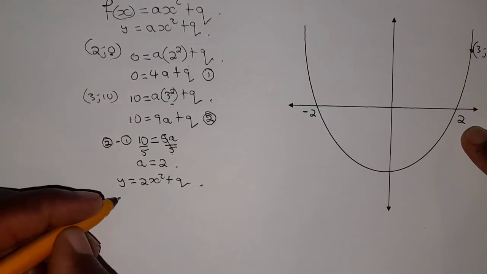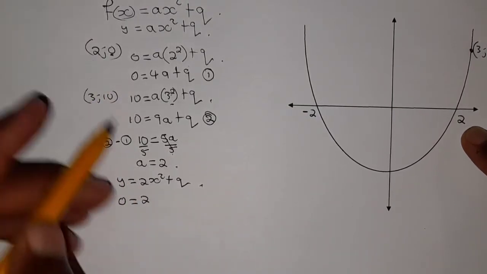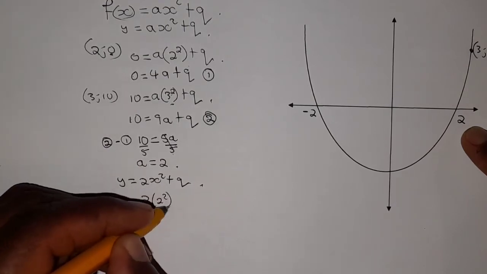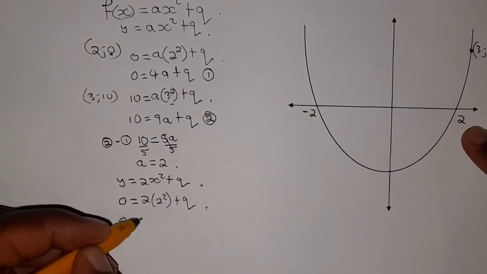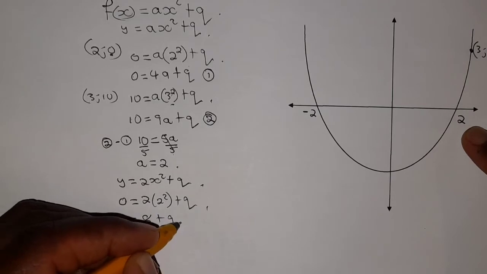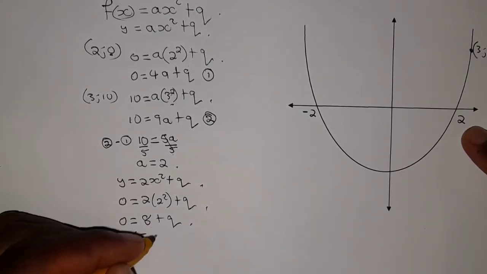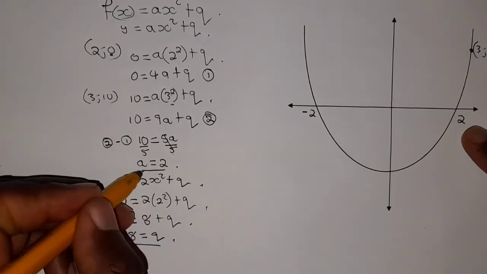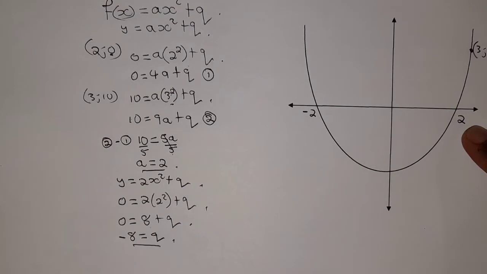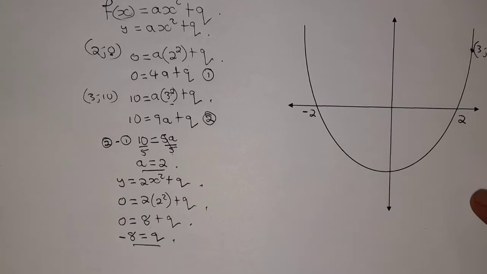Our y is 0 is equal to 2, our x is 2, so it's 2 squared plus q. So 2 squared is 4 times 2, 8. 0 is equal to 8 plus q. 8 goes to the other side, is negative 8, is equal to q. So my q is negative 8, and my a is positive 2.